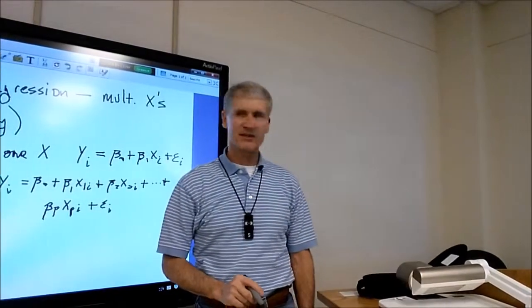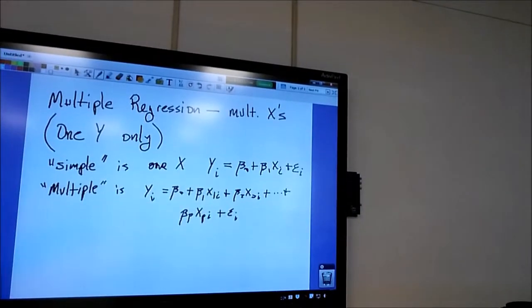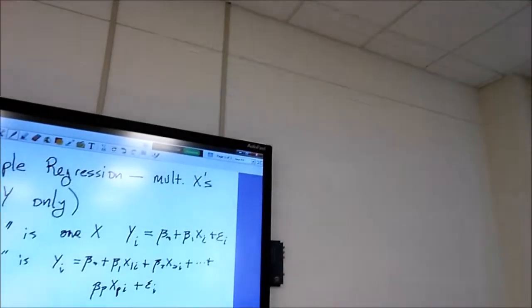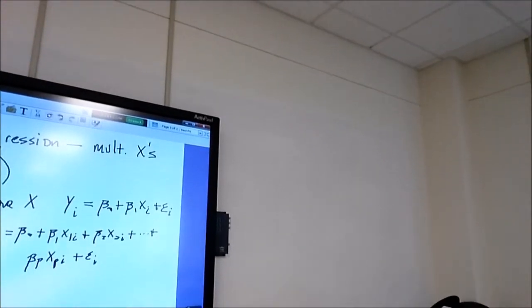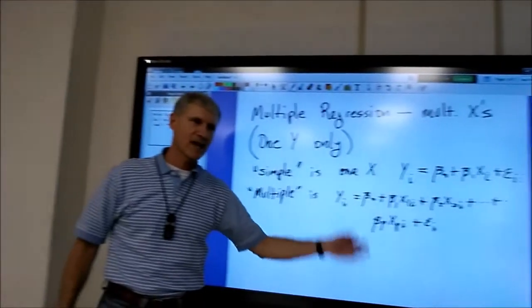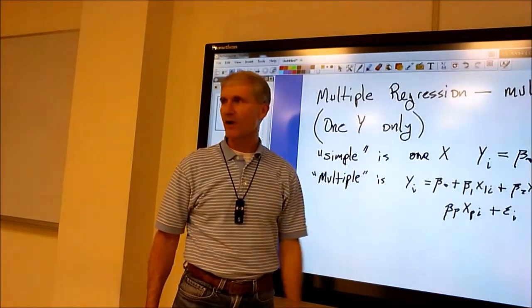So it looks a little bit nasty in terms of notation, but it's really exactly what you're used to. P is, this book uses a P, some books use a K. That's how many X variables there are.